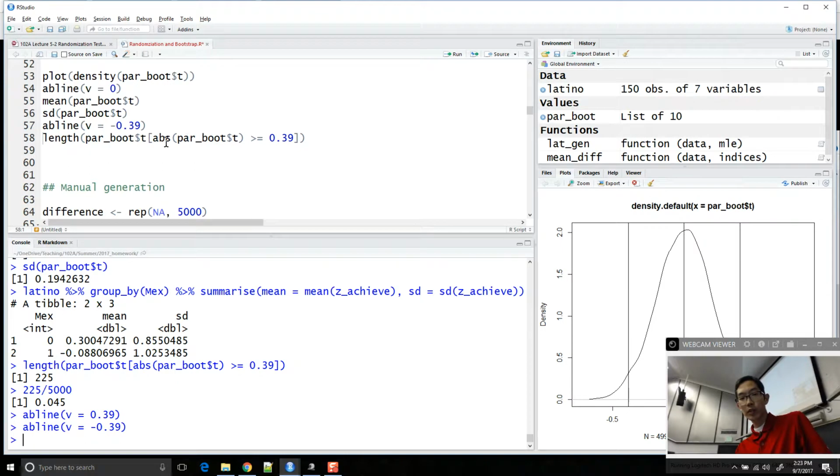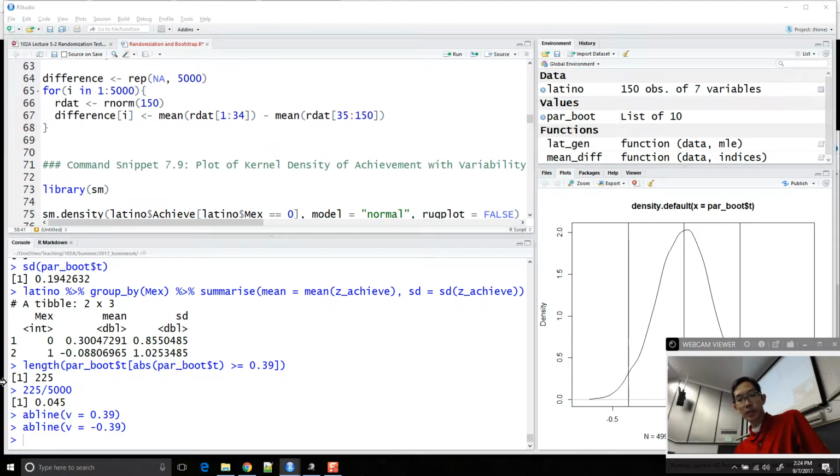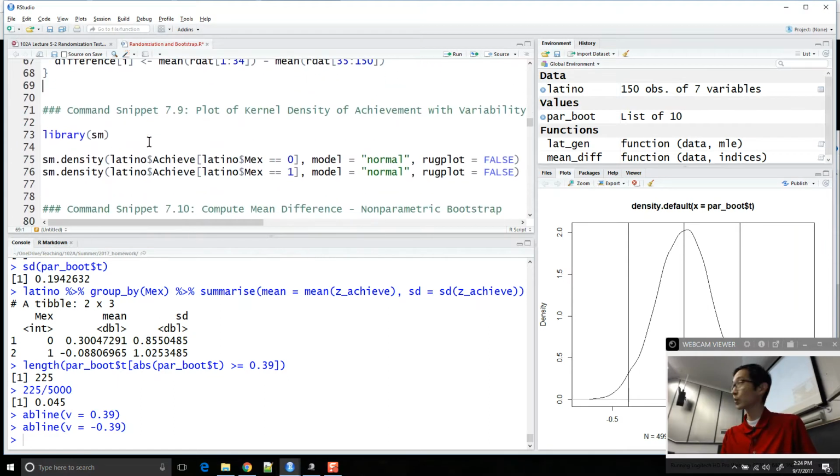When we asked how often our absolute value is greater than or equal to 0.39, it said this happened about 225 times out of our 5,000 repetitions. So our observed p-value is around 4.5%. It's a little bit higher than what our t-test said, I forget what our t-test said, 2.9% or something around there?